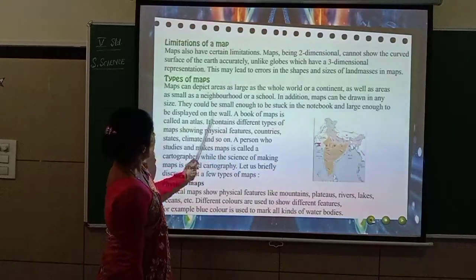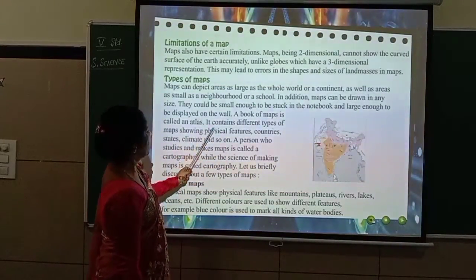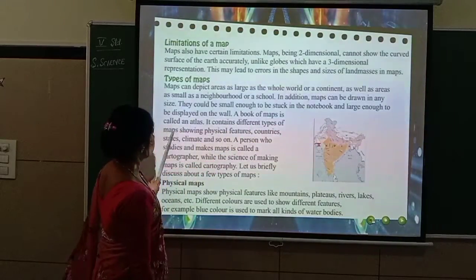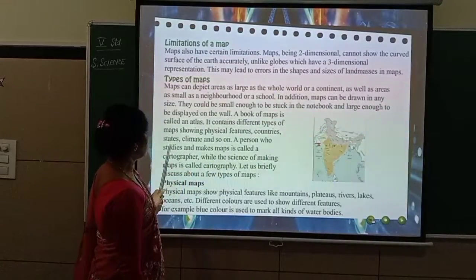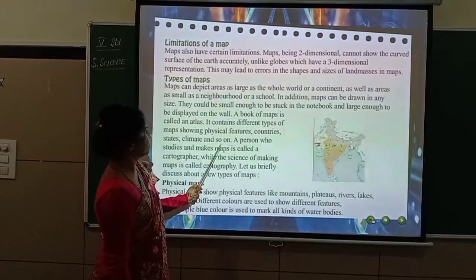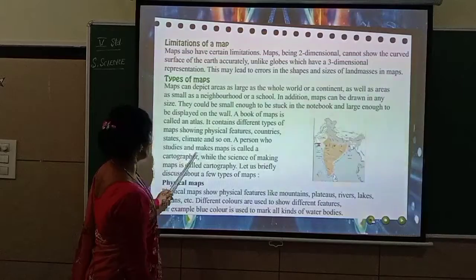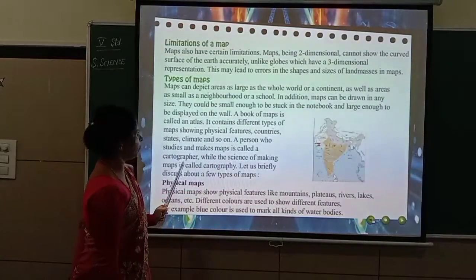So a book of maps is called an atlas. It contains different types of maps showing physical features, countries, states, climate and so on. A person who studies and makes maps is called a cartographer.